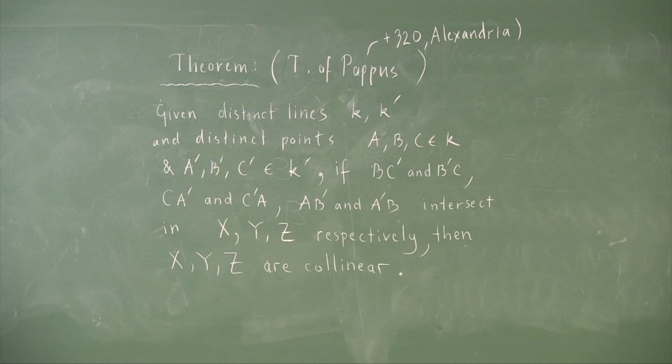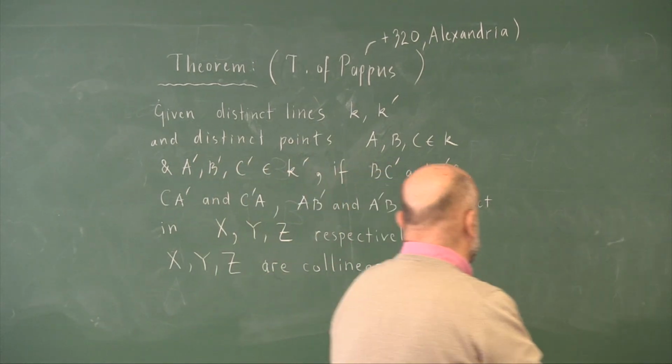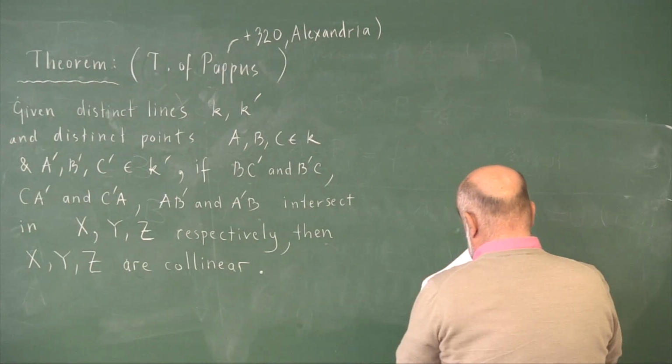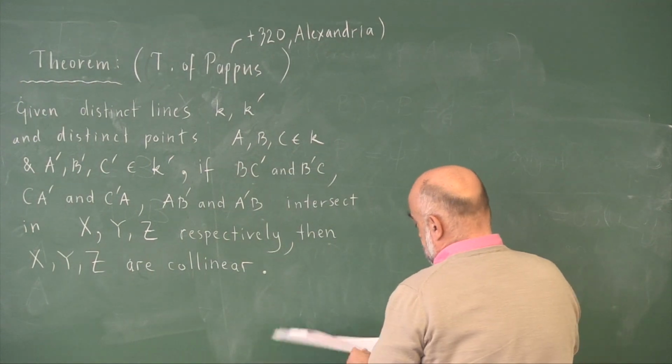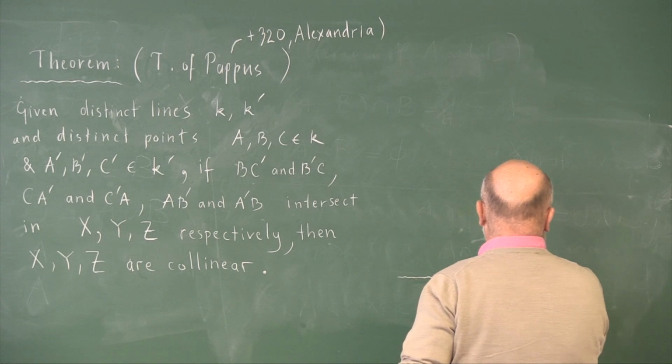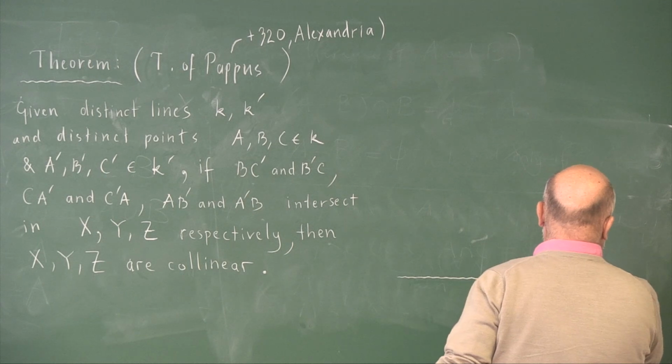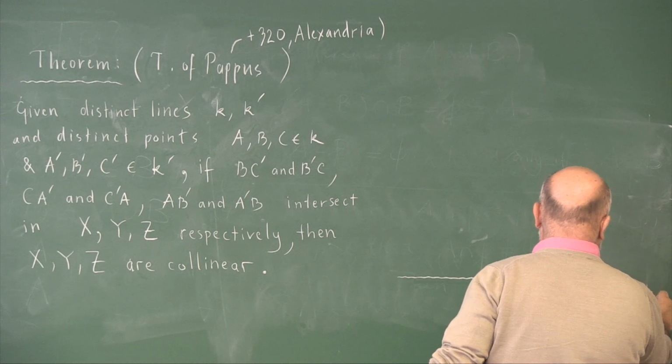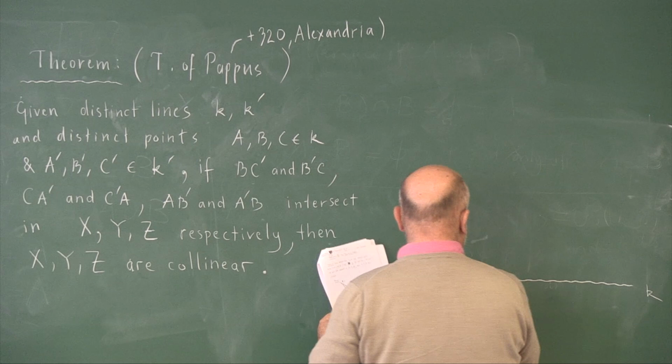Now let me do my best and give you a diagram. Okay, there we are. So the two lines, K and K prime. K is something like this, perhaps. And I shall, of course, take 3 distinct points on it.